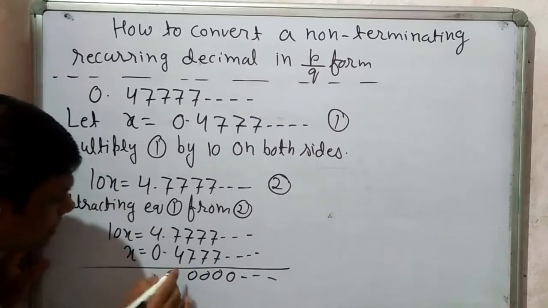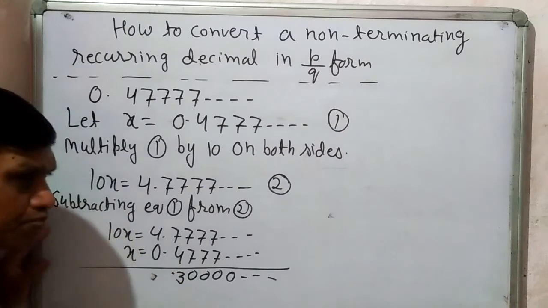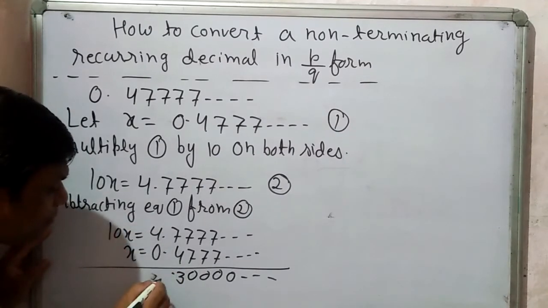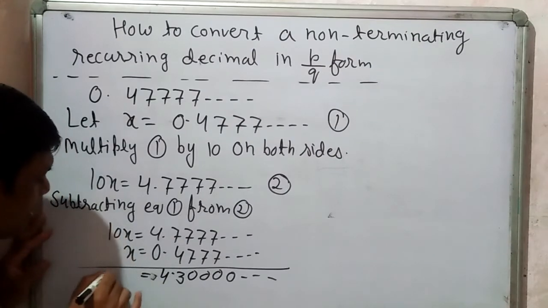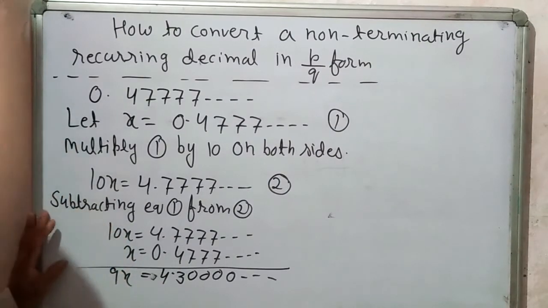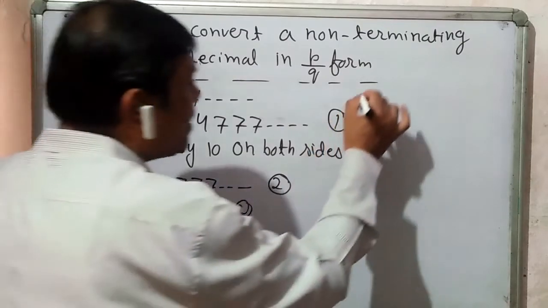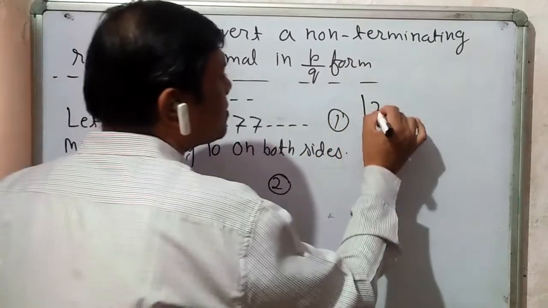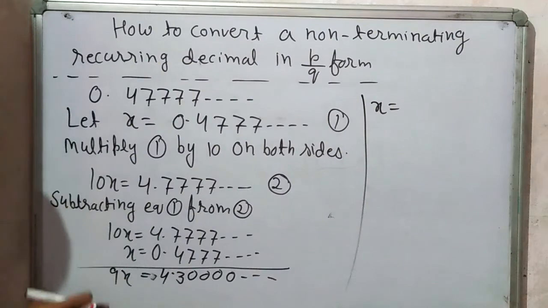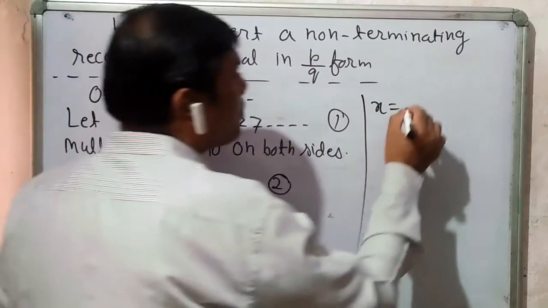When we subtract 7 minus 4, it will be 3. We subtract 4 minus 0, we will get 4. Here we are getting 9x. So we can find the value of x by dividing 4.3 by 9.